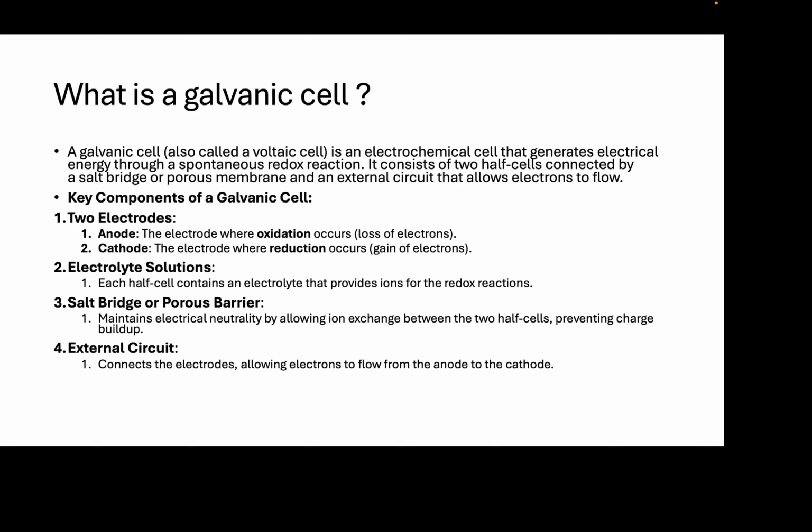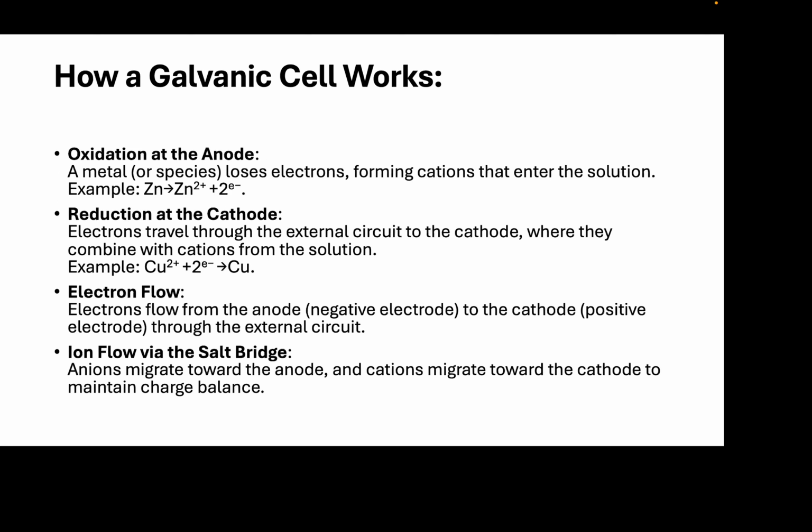There will be an electrolytic solution so that each half cell has its respective ions, and then a salt bridge or a porous barrier will be there so that the neutrality of the solution and the system can be maintained. Otherwise there will be charge accumulation, due to which there will be decrease in the efficiency of the oxidation and reduction, and an external circuit so that electrons can flow through it.